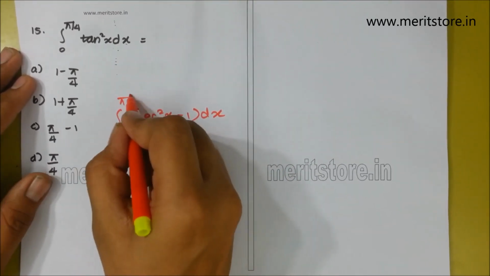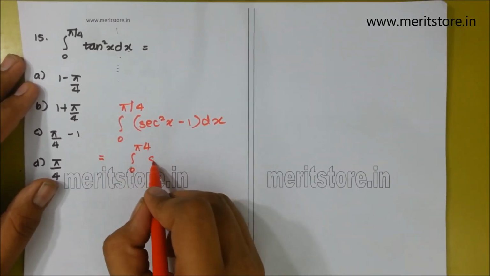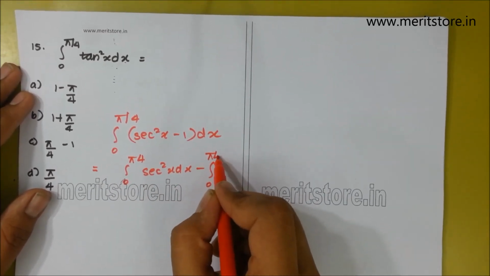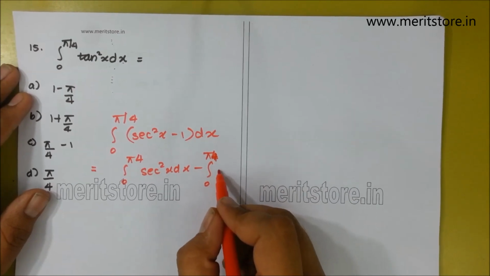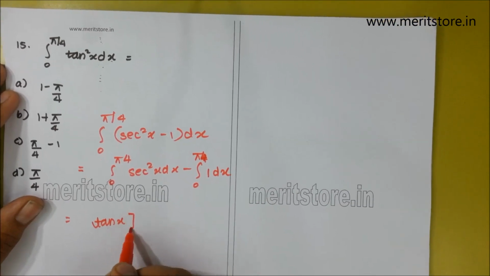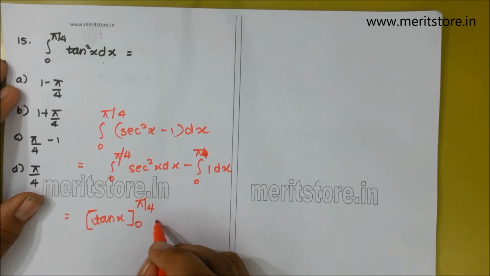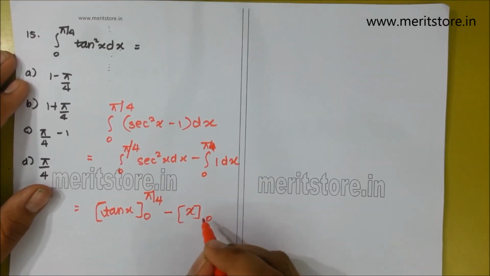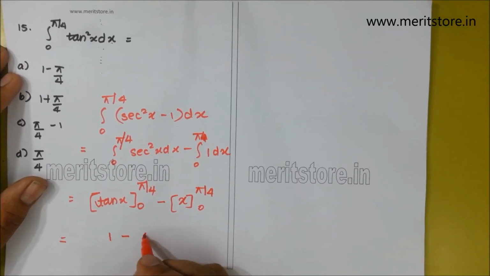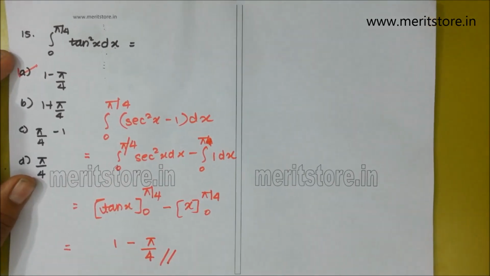Integral from 0 to pi by 4, which can be also solved as integral of 0 to pi by 4 of sec square x dx minus integral of 0 to pi by 4 of 1 dx, which will give us tan x from the range 0 to pi by 4 minus x from the range 0 to pi by 4. After solving, we get 1 minus pi by 4, which is the correct answer. So option A is the correct answer.